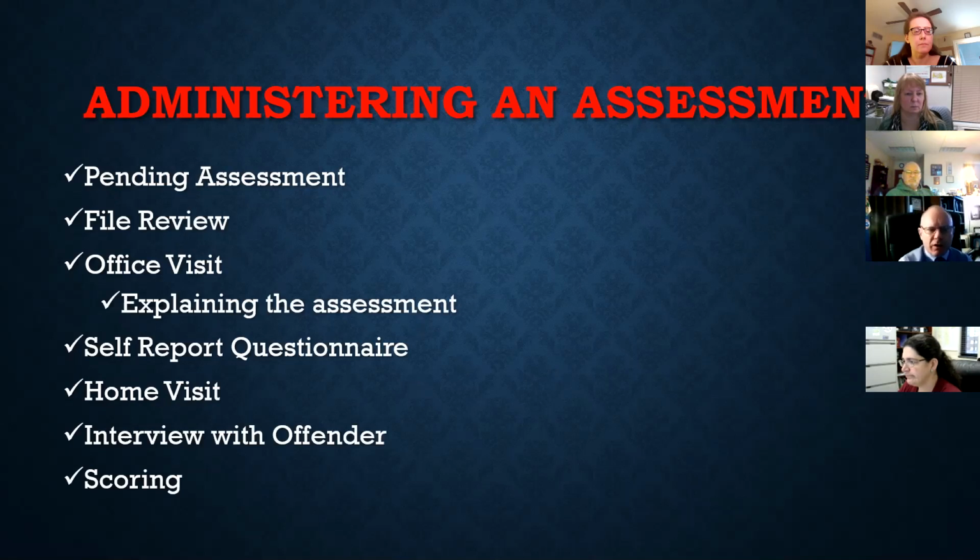Our officers, after being trained, when we first started this, it took probably almost an hour and a half to do the assessment with the individual and then score it. But to do all this now, you have to do a lot of it on the front end. Once they sit down with the offender, go through the questions and score it, they have it down within an hour, 45 minutes to an hour. Some are a little bit better. When they do a lot, it becomes very fundamental and instinctual for them to complete.